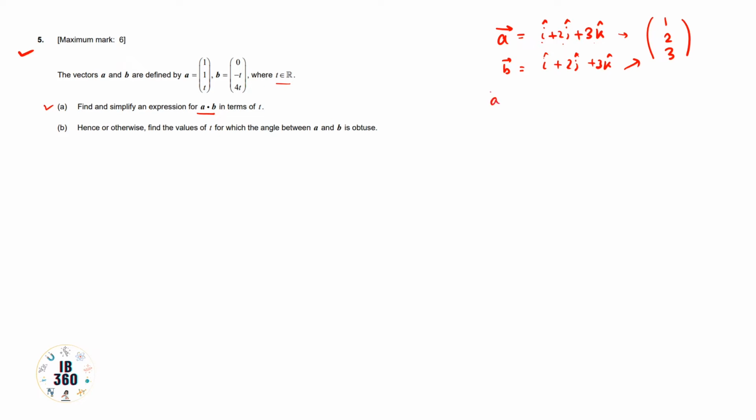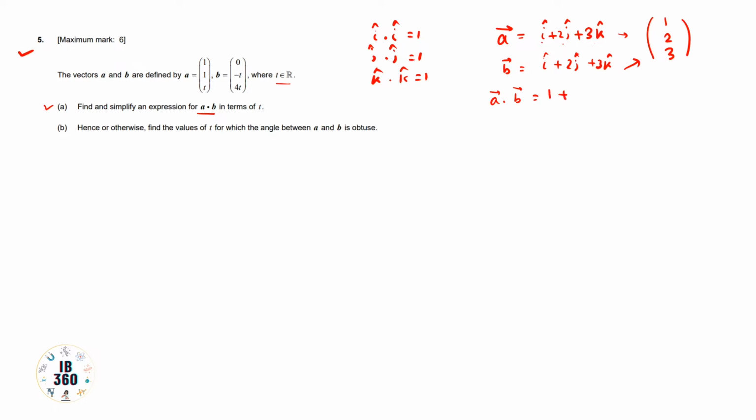So if we do A vector dot B vector, then we just need to multiply all these things, and the rule for multiplication is i dot i equals 1, j dot j equals 1, and k dot k equals 1. So from here you can see we just need to multiply all the coefficients only.